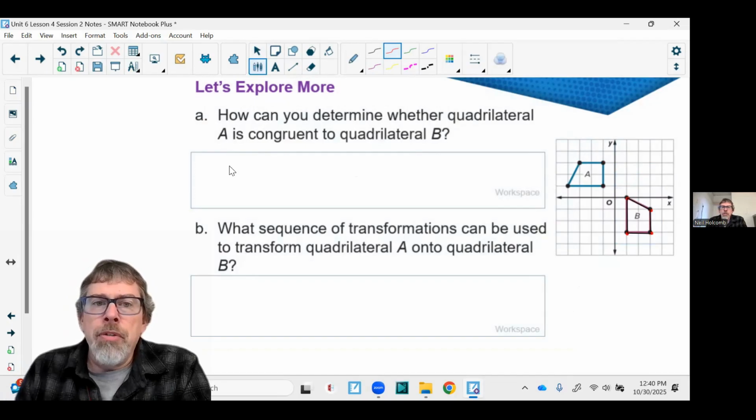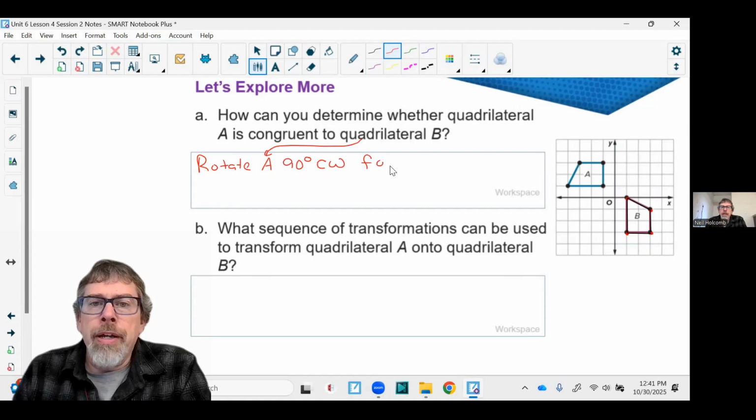So how can you determine? Rotate quadrilateral A. Okay, I should write the word, but I'll just write this for now. Rotate quadrilateral A 90 degrees clockwise, followed by a translation down 4 units.